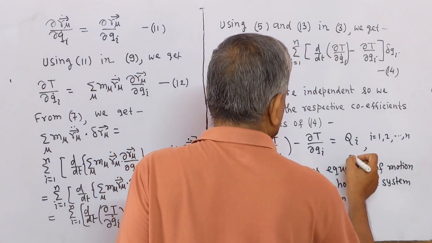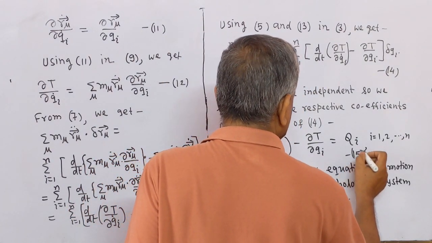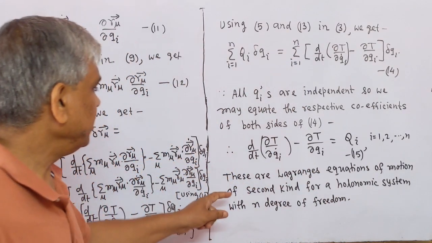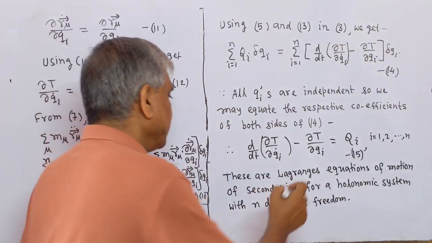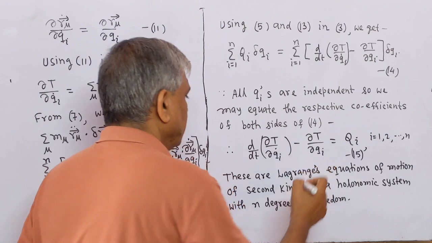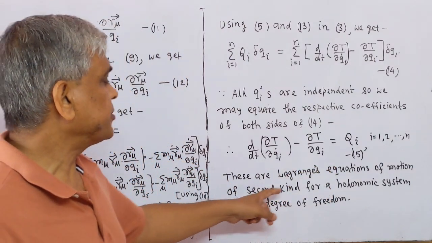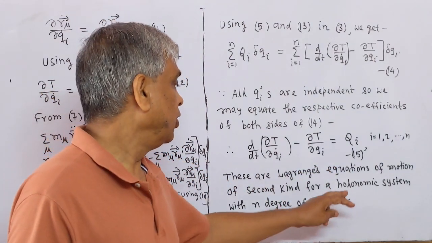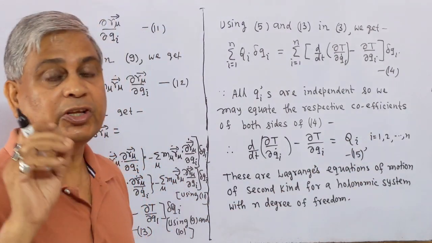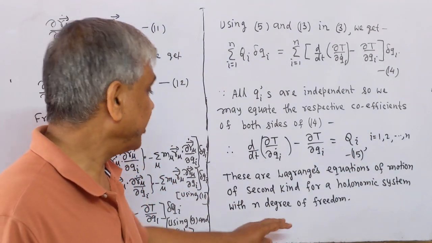This is equation number 15. These are Lagrange's equations of motion of the second kind for a holonomic system with n degrees of freedom.